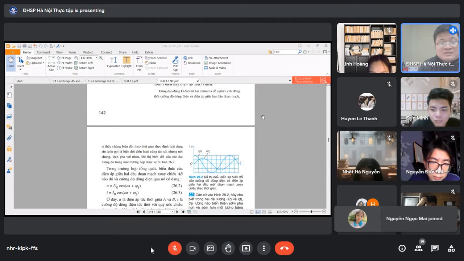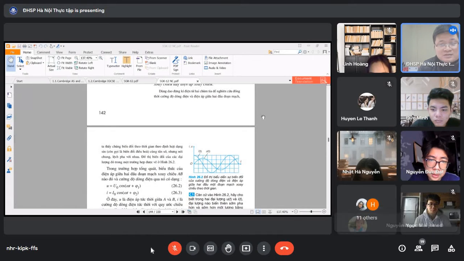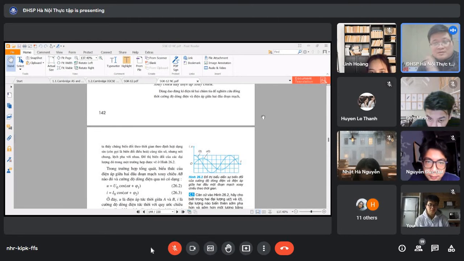And as you can see in the graph, 26.2, the current is on the vertical axis and time on the horizontal. As the time passes, the magnitude of the current also changes.